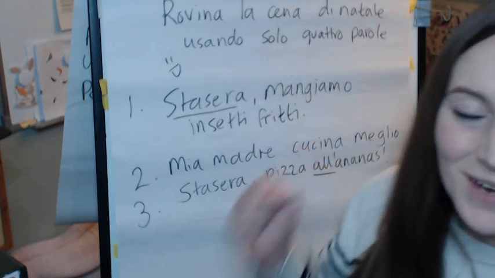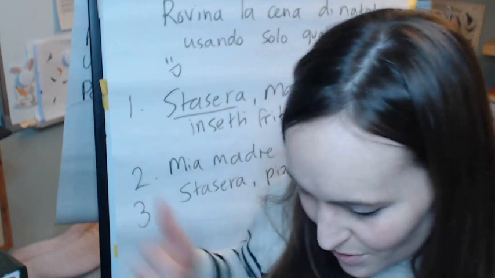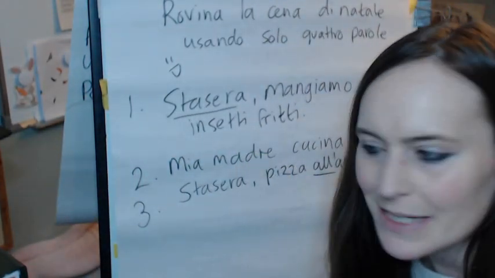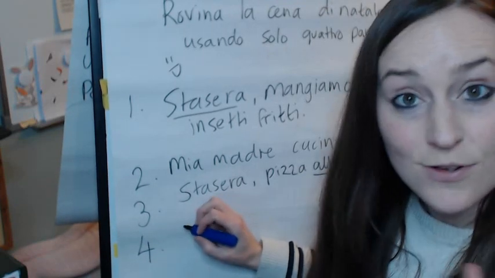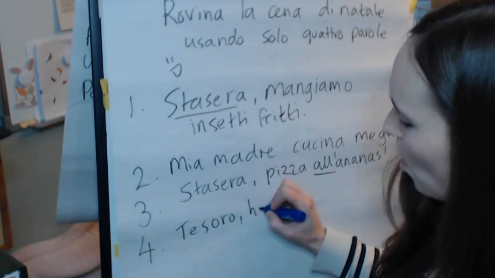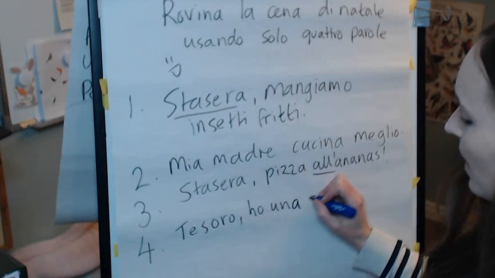Okay, tonight pineapple on pizza. Okay, so we've got 1, 2, 3. Let's see number 4. This one's a little bit darker. Tesoro, ho una, in this case, amante.